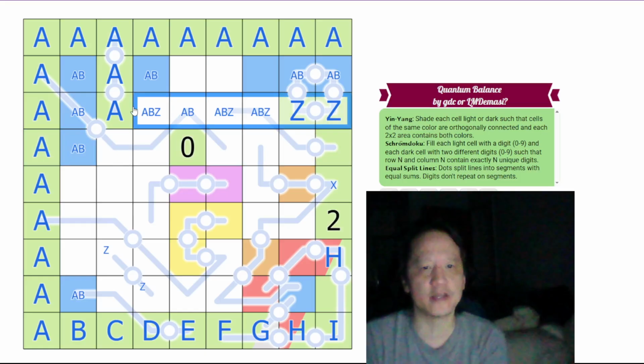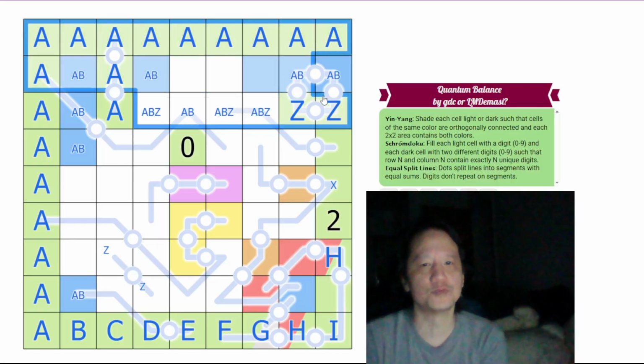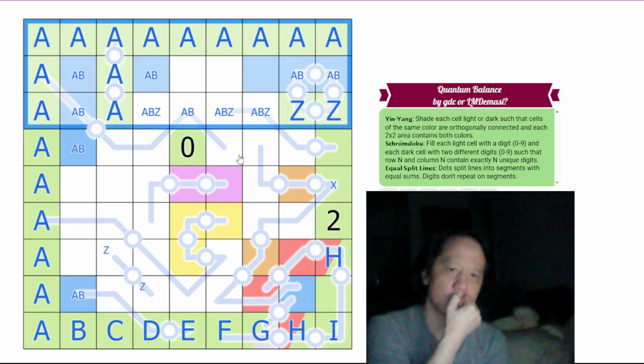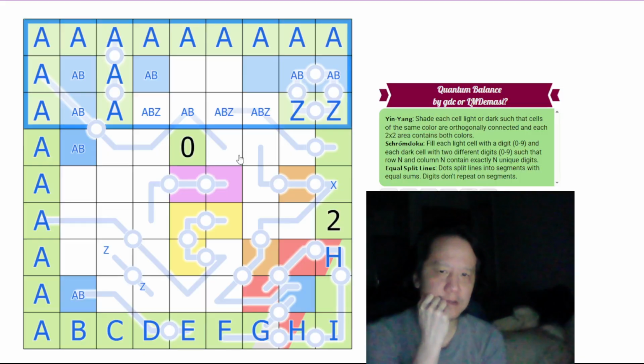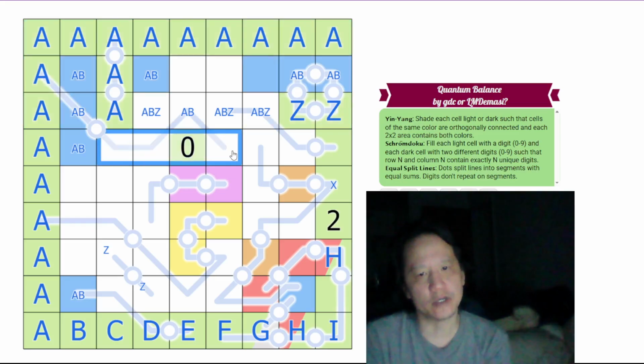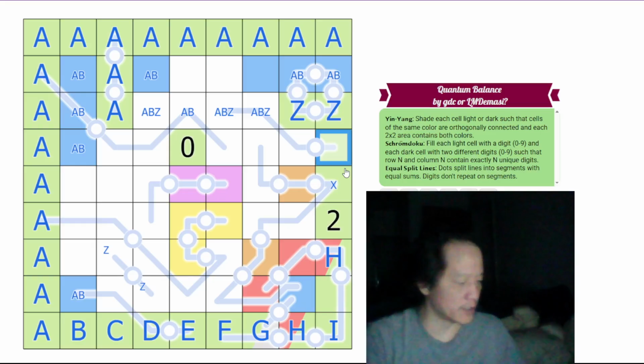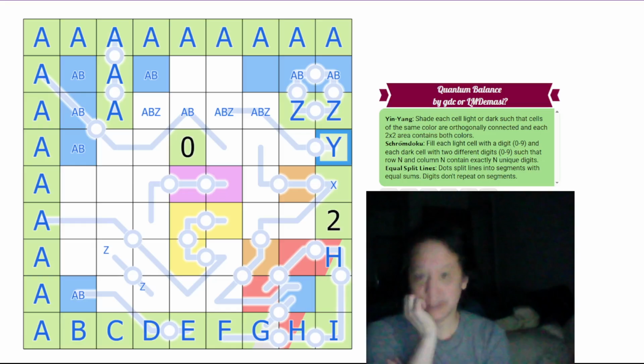And you have the guaranteed A, B, Z in rows 1, 2, and 3 here. Well, not technically. We are guaranteed A, B, and 0 here. This could technically be another Y. Okay, so we'll keep trying then.